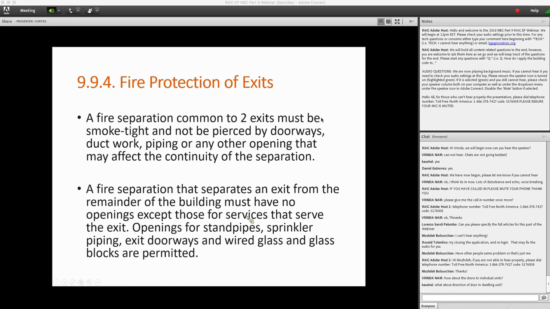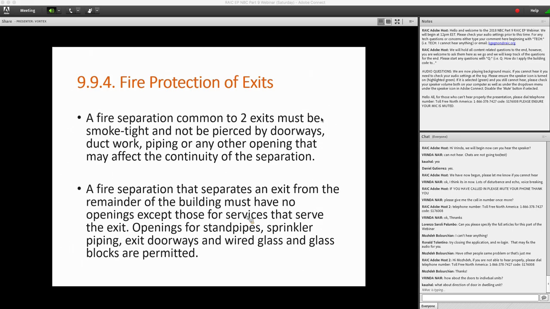Still under 994, a fire separation, because an exit is the safest area within a building, we design it to be smoke tight. We want to ensure that the exit does not contribute to the spread of fire from one floor area to another floor area, for instance.